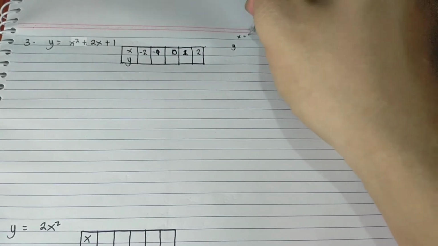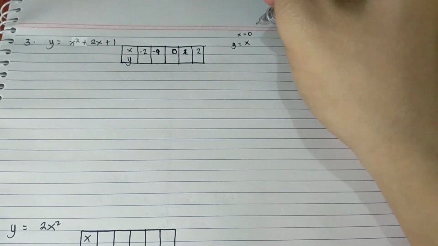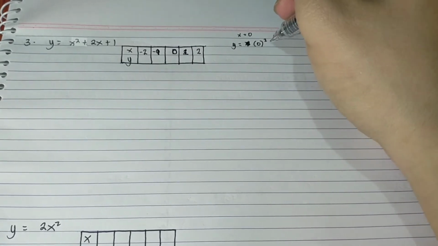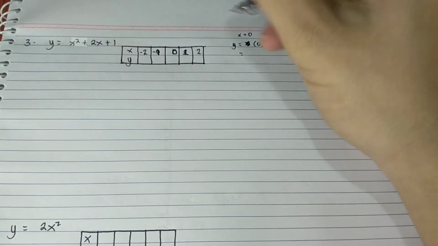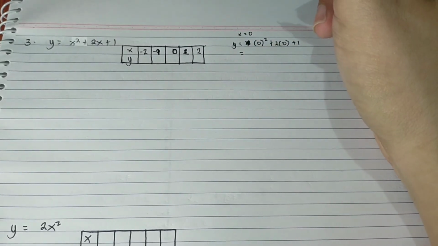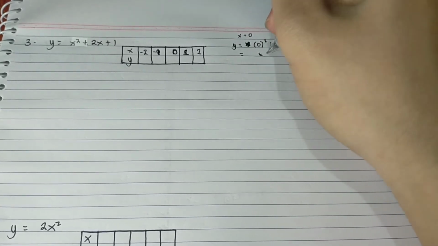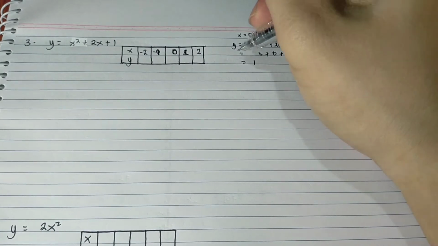If x is 0, y is equal to 0 squared plus 2 times 0 plus 1. Galing po yung equation dun sa given natin. So, 0 squared plus 2 times 0 plus 1 is 0 plus 0 plus 1. Answer is 1. So, y is equal to 1.